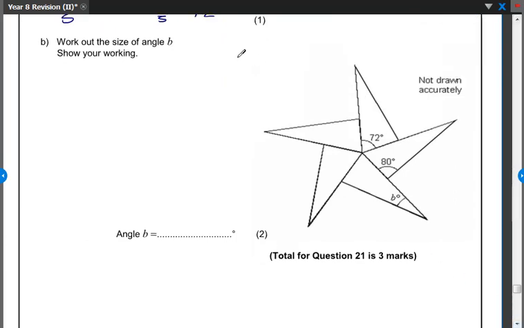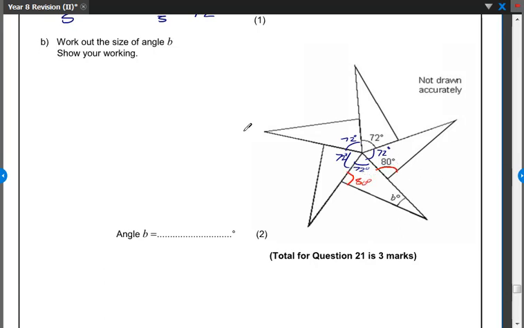Okay, work out the size of angle B. Well, we already figured out this is 72, this is 72 degrees, this is 72 degrees. We have 80 there, so we know that's 80, so this has to be 80 degrees.